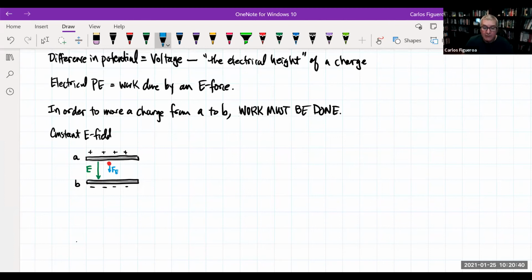And what we know here is that the work is really going to be the electric force times some distance that you integrate this field across. That's what we mean by work. So what does the electric field of these parallel plates do? They do work. They move a charge from, let's say, the upper plate to the lower plate.